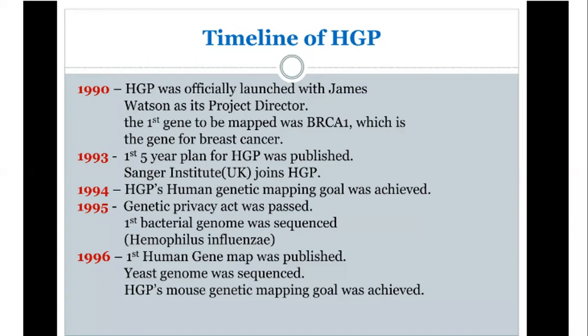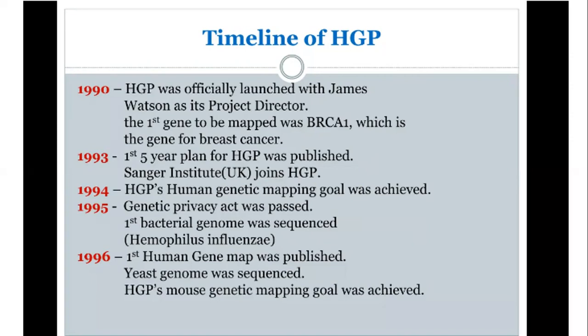The Human Genome Project was directed by Watson, and in 1990, the first gene was mapped, and that gene was the BRCA1 gene, which is linked to breast cancer. In 1993, the first five-year plan was published, and Sanger Institute of the United Kingdom joined the Human Genome Project.